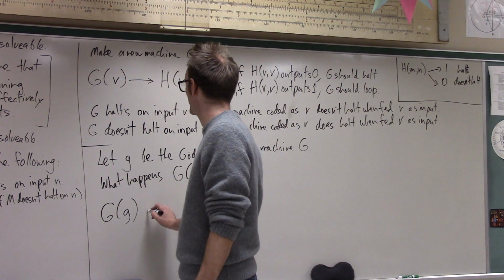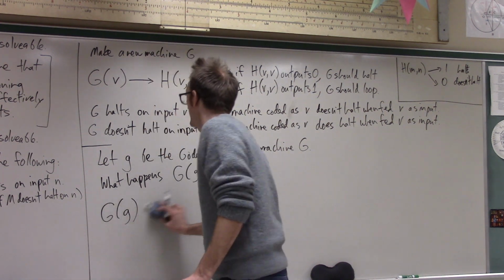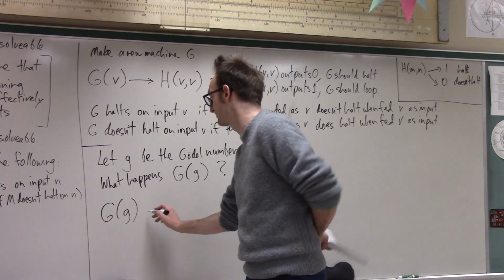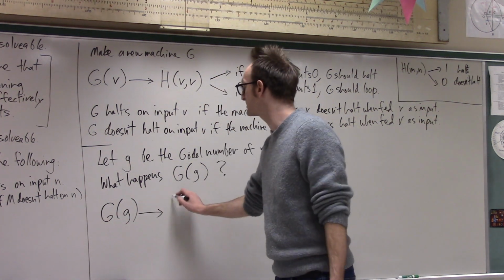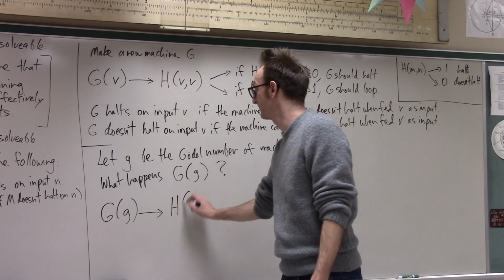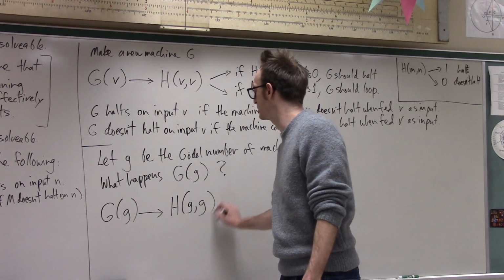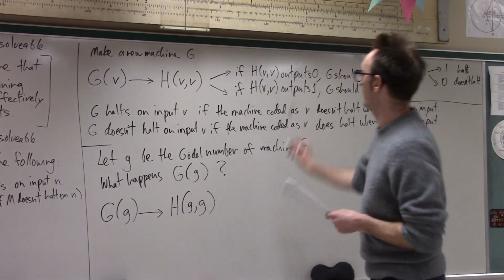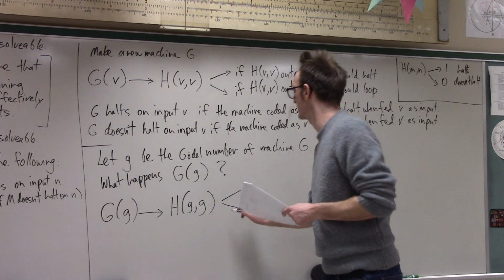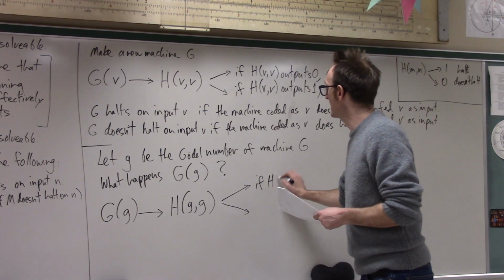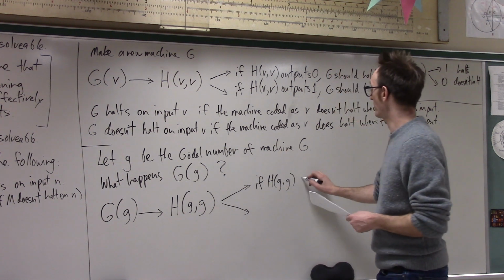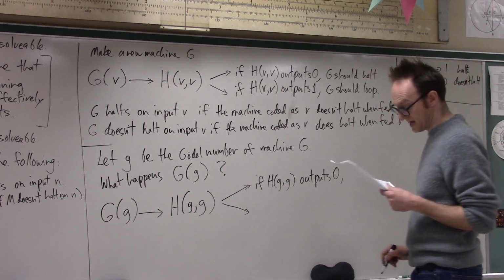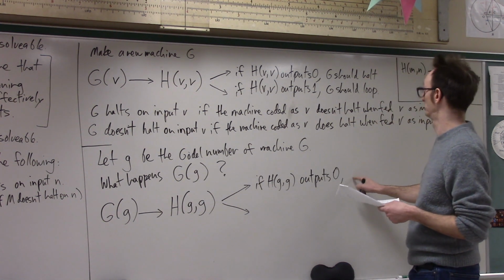Well, let's follow the definition. How was machine big G constructed? It takes a particular input, and it then calls up the halting machine and runs it on G, G. And then, as we can see right above, this is the definition of G. If HGG outputs 0, then it halts.